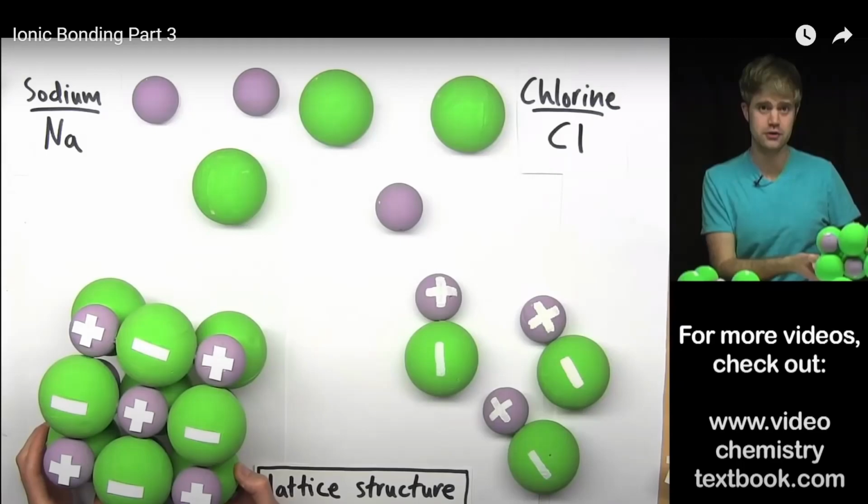But when you have a metal and a nonmetal, you're never going to just have a little group of 2 or a group of 4 or a group of 6. You're going to have a whole cubic structure that just goes on and on until you run out of the individual elements. So this is our lattice structure.